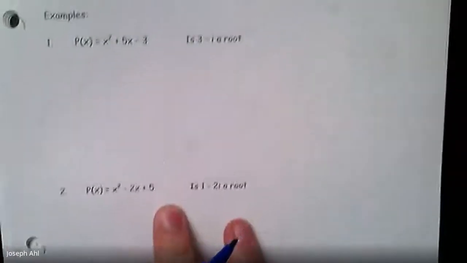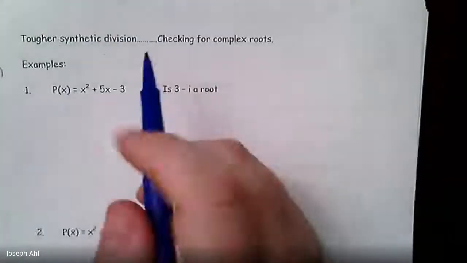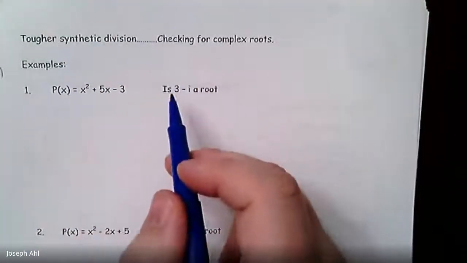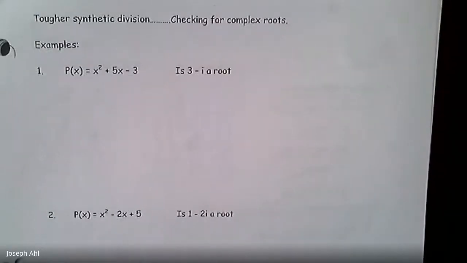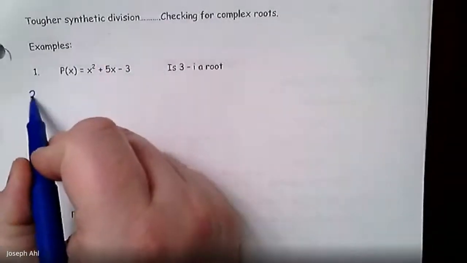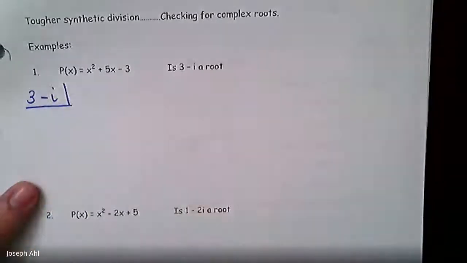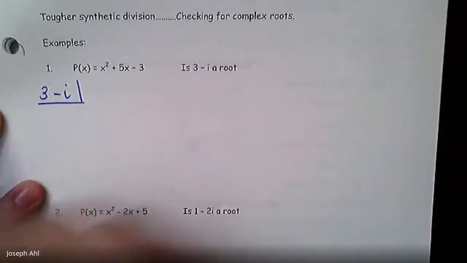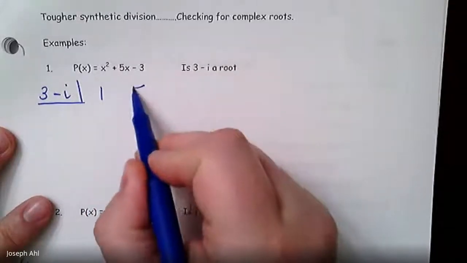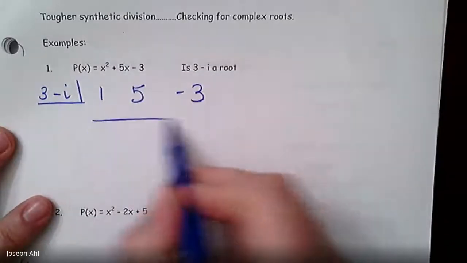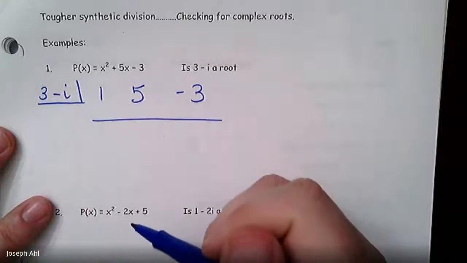And this is kind of a weird concept. But using synthetic division with a root like 3 minus i to see if it's a root, the way we're going to do this is we're going to put 3 minus i as the root in the box there that we're going to check. And the coefficients of it's only quadratic, which is nice. So there's only 3 coefficients I have to write down, the 1, the 5, and the -3.